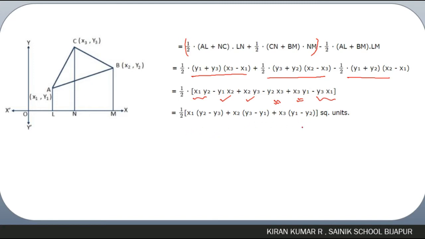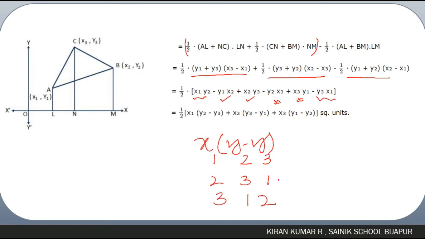How to remember this formula? You observe, in all the terms we have something like this: x multiplied by the difference of y terms. If I consider the numbers 1, 2, 3, the next set has to be taken as 2, 3, 1, and the next as 3, 1, 2.